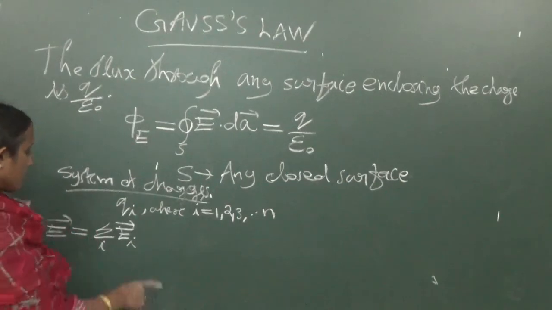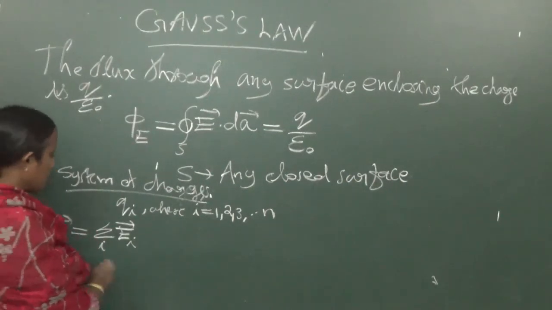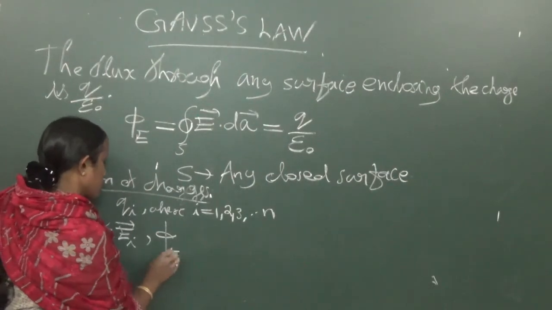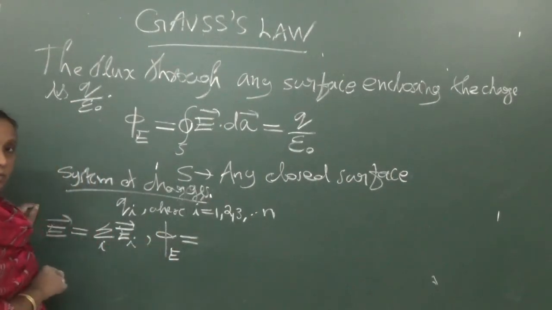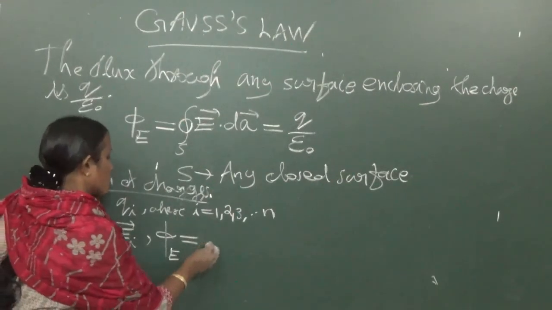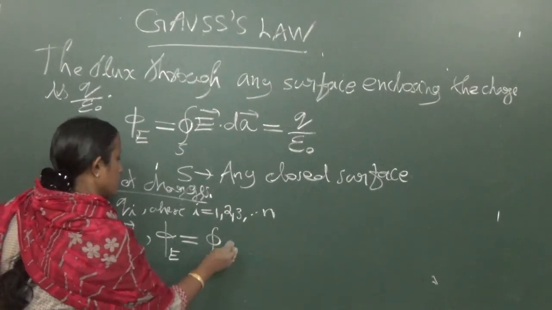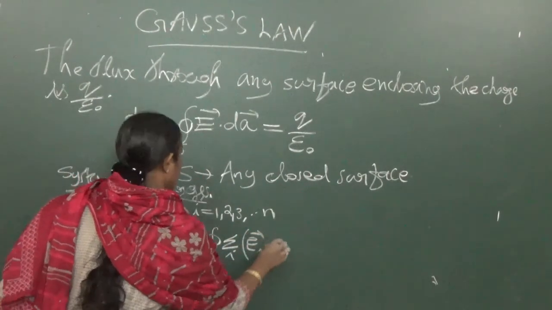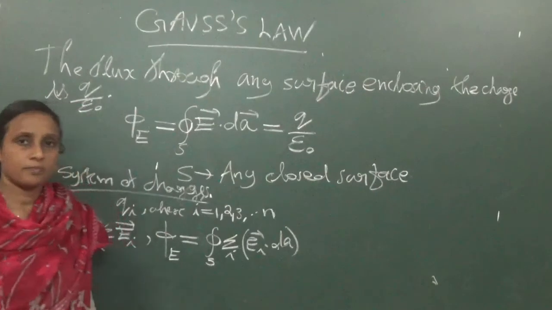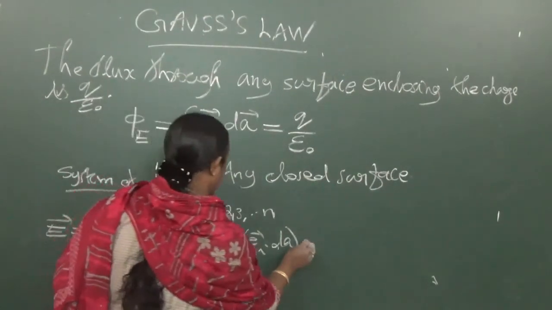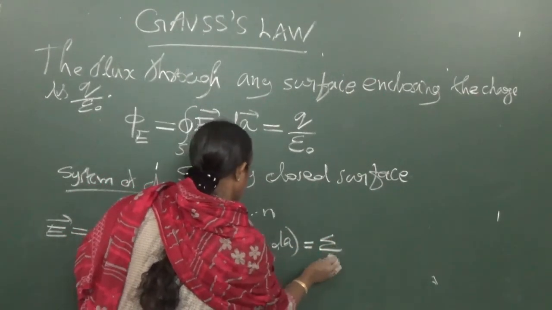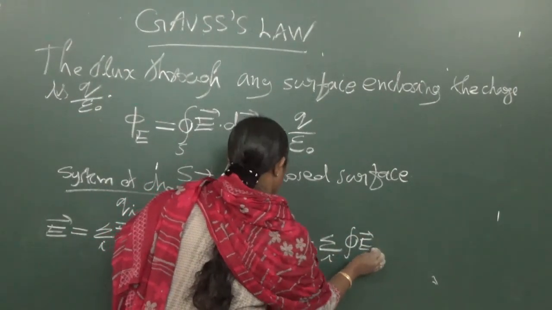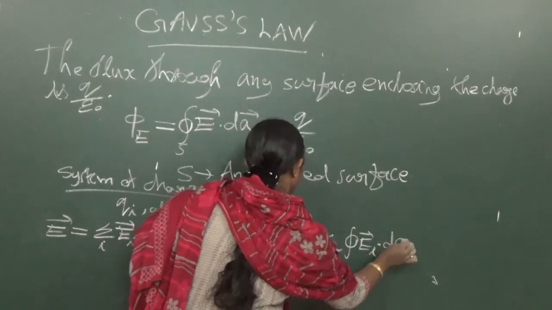In order to get the flux through the surface, you need the closed surface integral of sigma i Ei dot dA, or you can write this as sigma i of the closed surface integral of Ei dot dA.